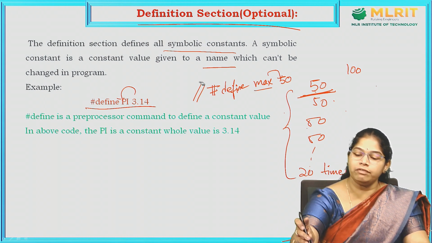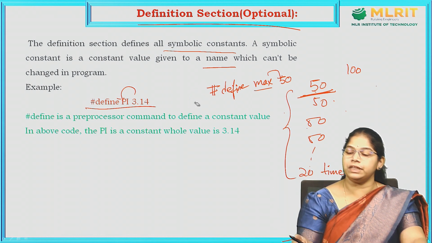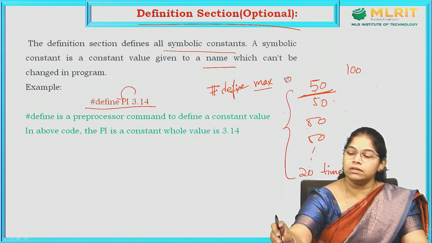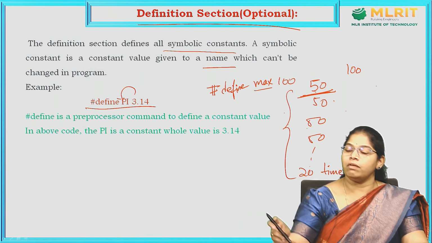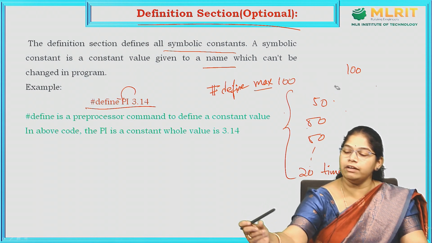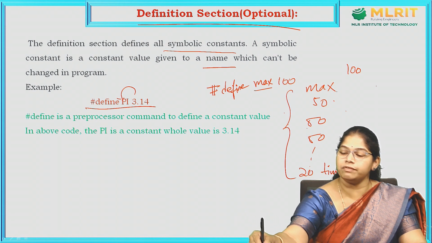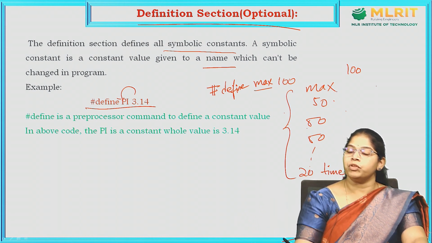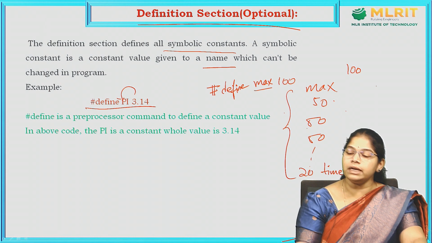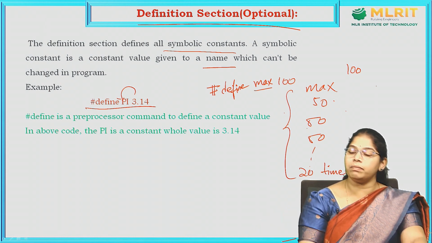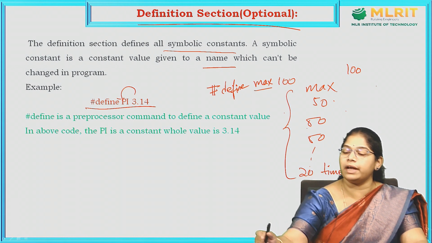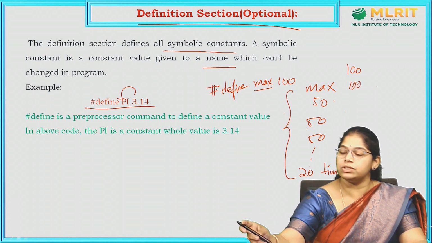So when we define #define MAX 50, we simply change the value here from 50 to 100. When we use the identifier MAX in place of writing the value 50 and change the value, wherever you write MAX in the program, the value is automatically substituted as 100 instead of 50.